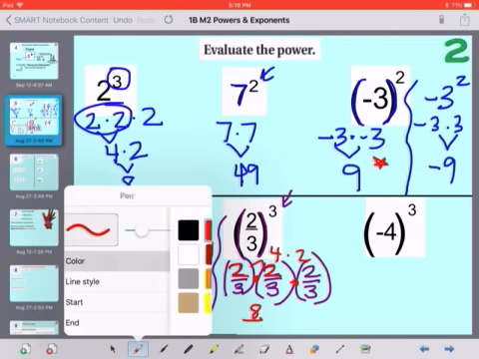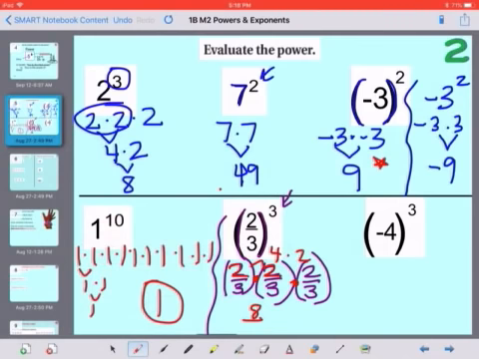On the bottom, in the denominator, we have 3 times 3 times 3. Well, 3 times 3 is 9, so we really have 9 times 3, which is 27. So this right here is our answer, 8 over 27.